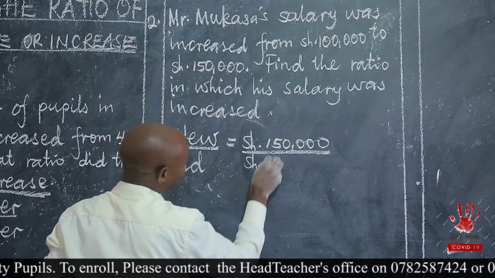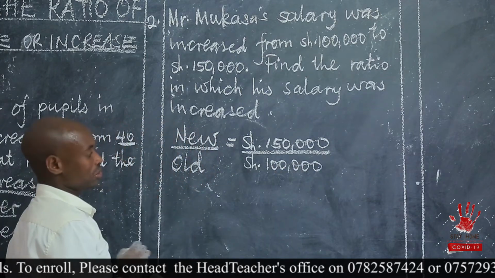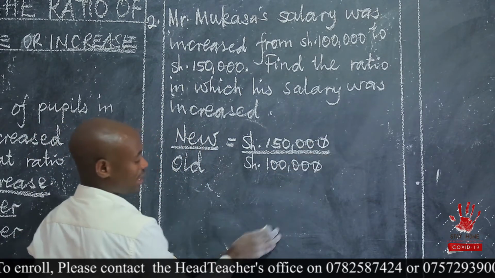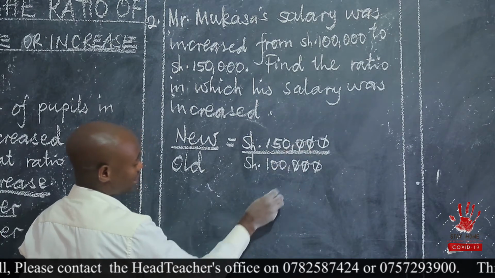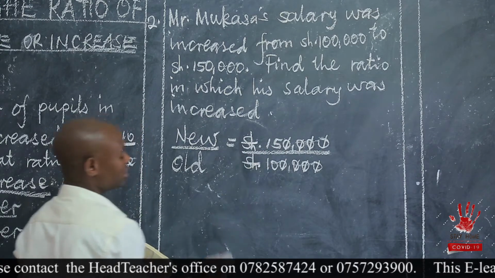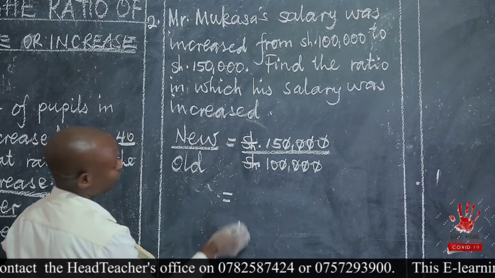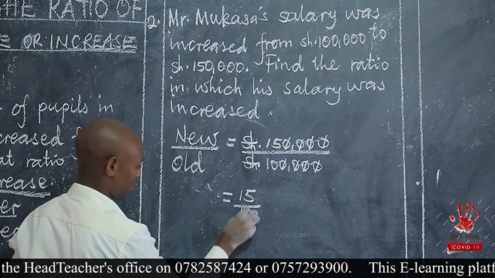And that was 100,000. Then you reduce. This 0 will go with that. This one will go with this. This one will go with that. This one will go with this. Even shillings divided by shillings, they will cancel off. So I have remained with 15 out of 10.